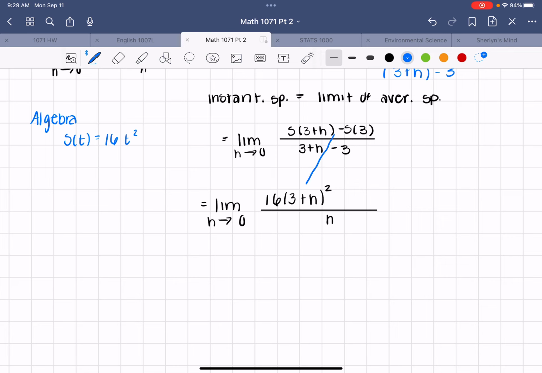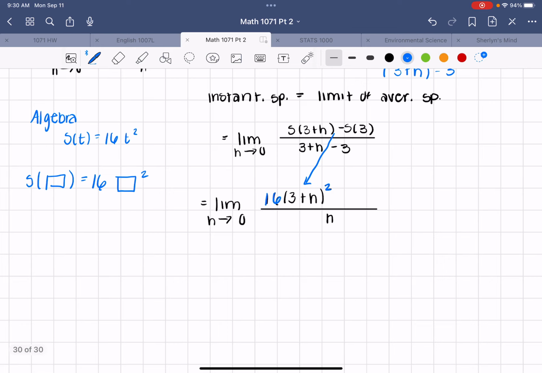It's not such a bad idea. 16 box squared. A function is a set of instructions. You do s to whatever goes into the box. So if it's 3, if it's 4, if it's 17, if it's 3 plus h, put 3 plus h into the box. Are we okay?